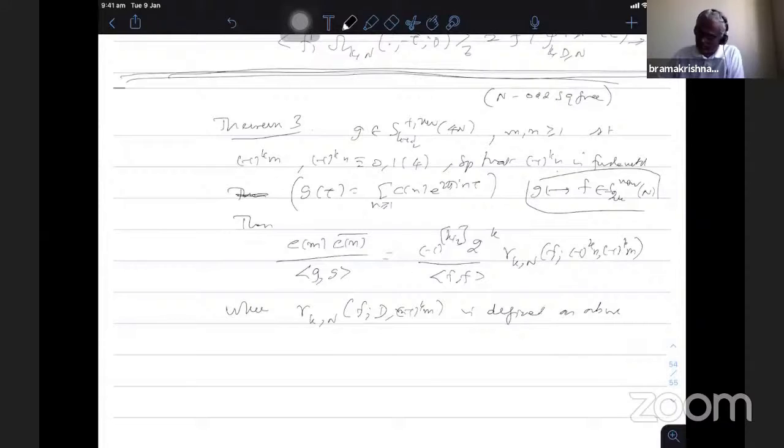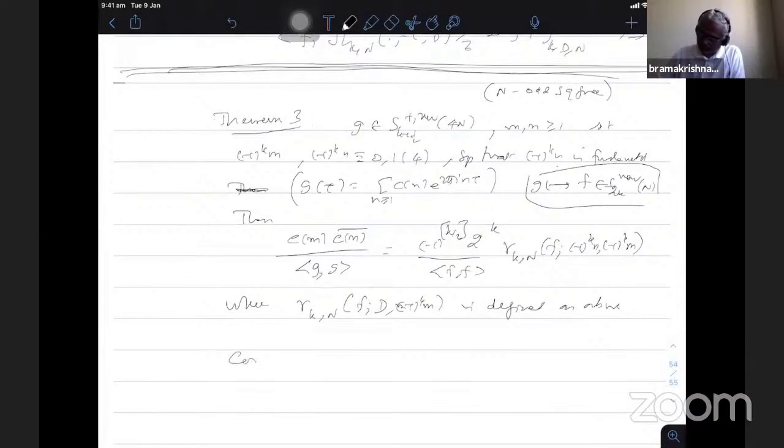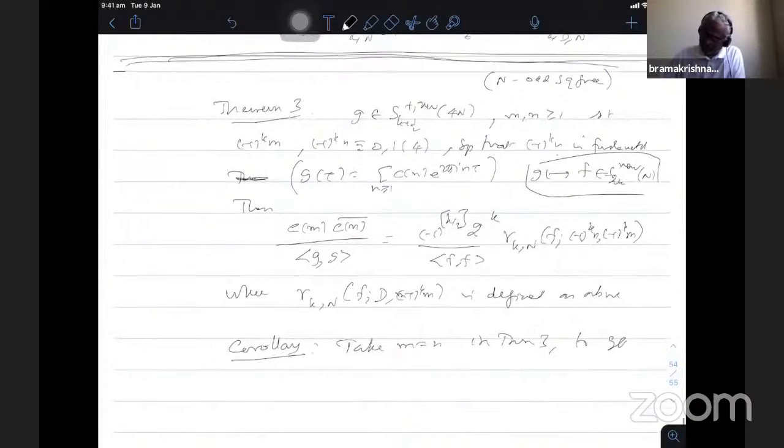Now assume this. I think I should have made the corollary before I go to this. Just as a corollary to this, we have Waldspurger's theorem. Now take m equal to n in theorem 3 to get this. So now you replace (-1)^k n as your fundamental discriminant. So I'm taking m equal to n.